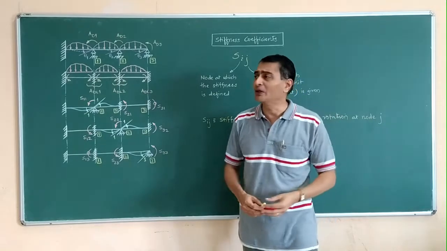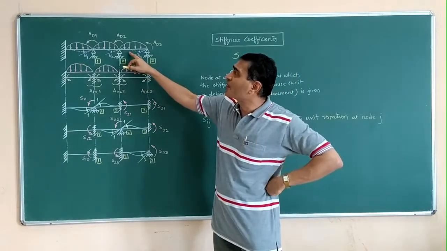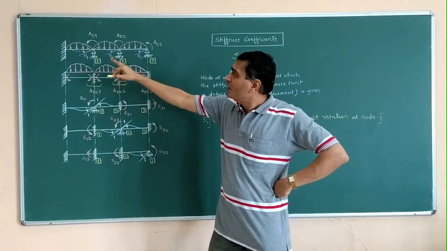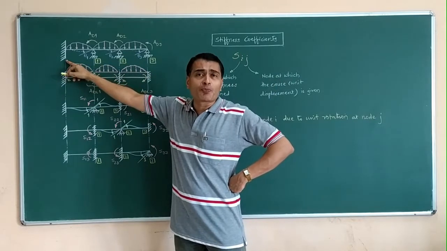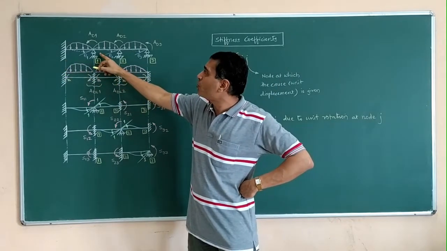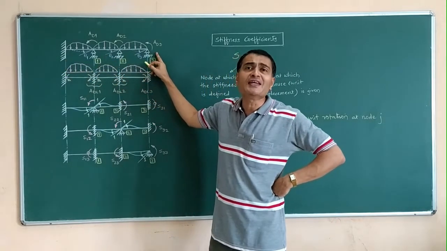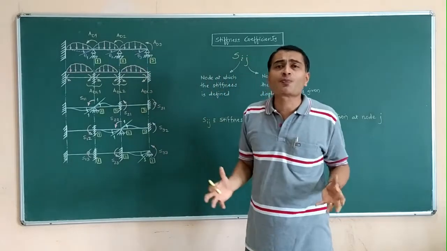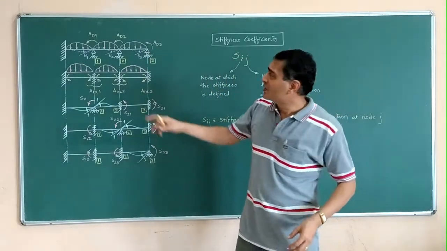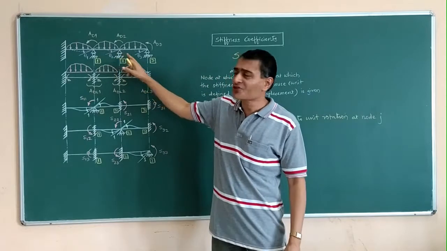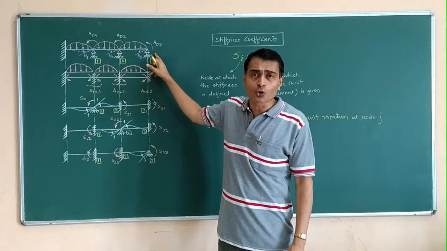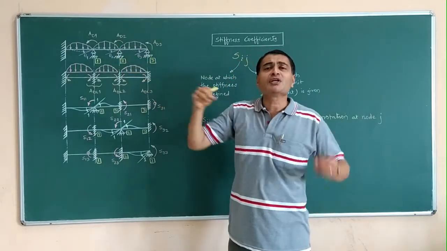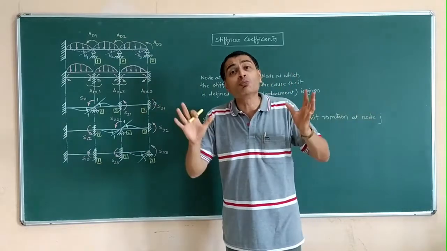So for example, observe this particular beam. This is a fixed support and then we have 1, 2 and 3 as roller supports or props. These two are interior rollers, this is an exterior roller, and then the beam is loaded with some load.